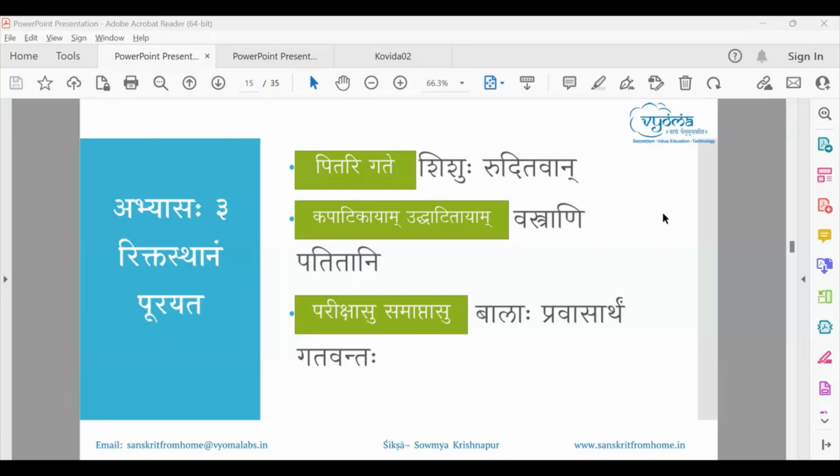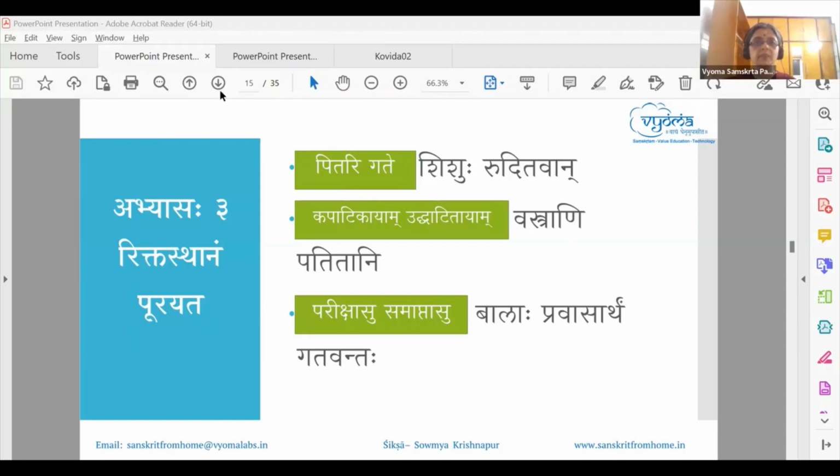Parikshasu, correct. Balaha pravasartham gatavantaha. So when the exams got over, the children went on a vacation. Pravasaha is vacation. Uttamam. Dhanyavad.